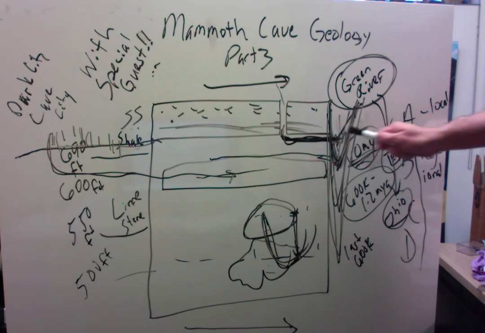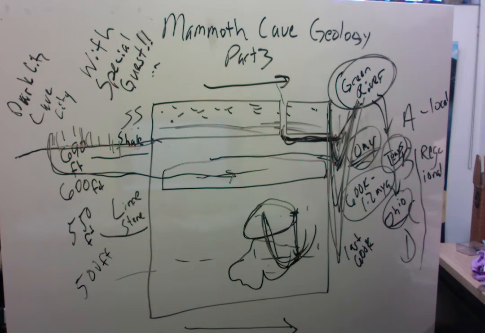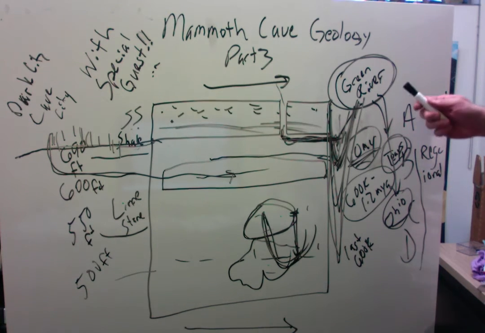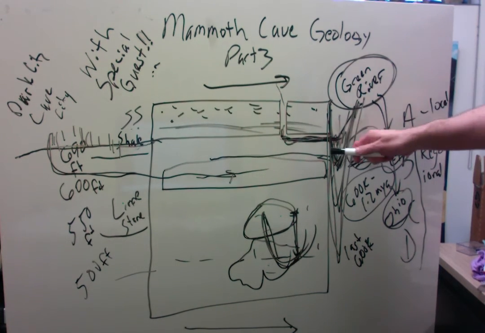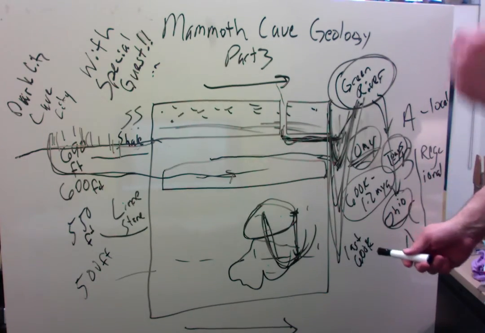So level A, localized, small crack in the sandstone formed a cave up at 690 feet elevation. Level B, you're dumping into the Green River, but it's taking 10 million years to form, and you get all sorts of different things going on over those 10 million years.